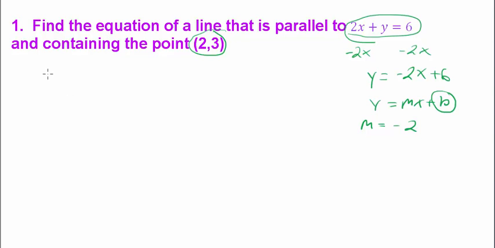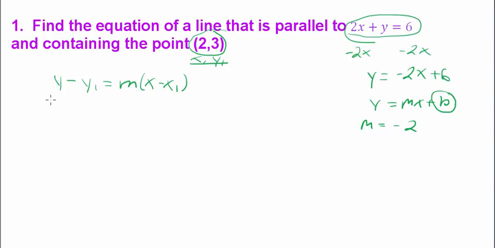Point slope form, if you recall, is y minus y1 is equal to m, the slope, times x minus x1, where (x1, y1) is an ordered pair on the line. So we do have an ordered pair on the line. It's (2, 3), so the x1 value will be 2 and the y1 value will be 3.